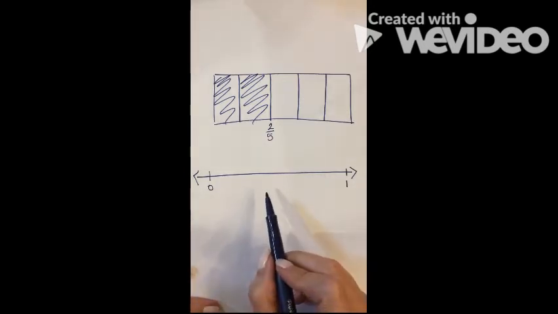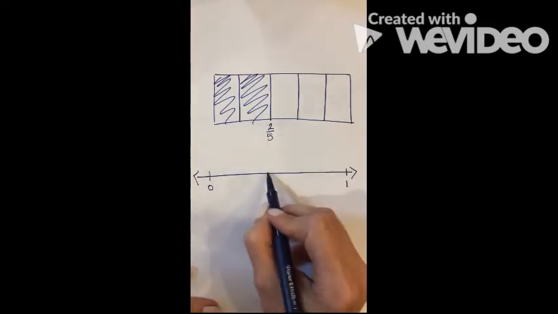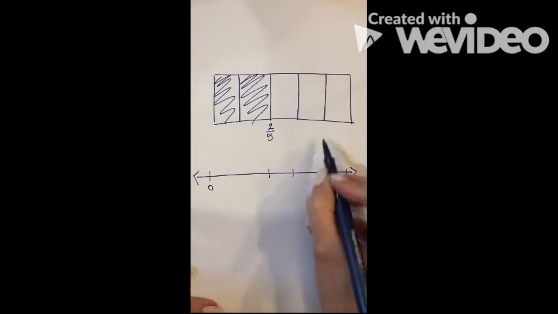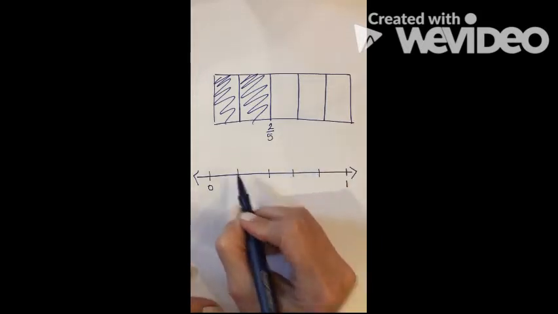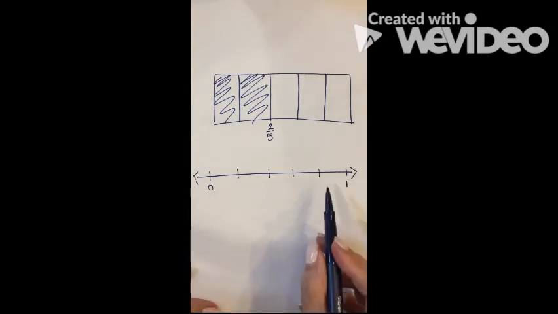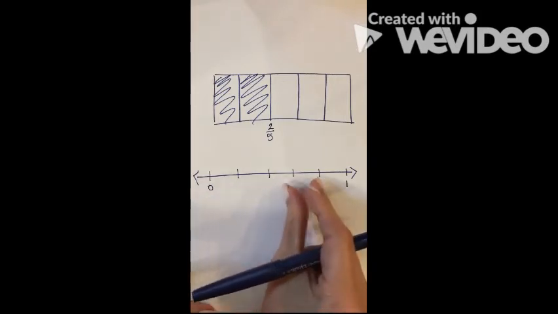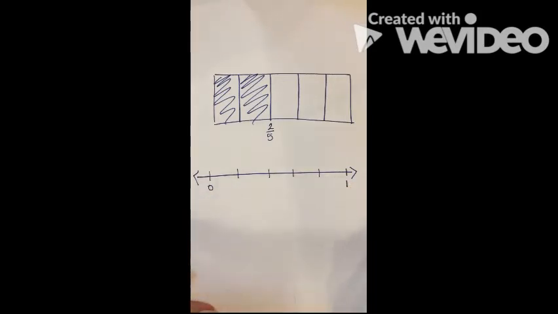This one's not going to be as friendly. There's no half to help guide me. So I'm going to use my tape diagram to help me draw my fifths, and now I'm going to check it. If these are indeed fifths, I should have 5 equal pieces. Let's count. 1, 2, 3, 4, 5. I do.